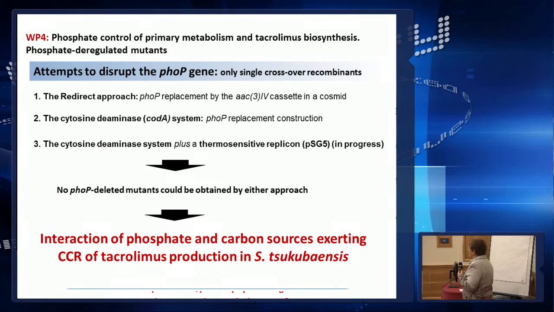So we decided to modify the strategy and redirect the objective to study the interaction of phosphate and carbon source exerting carbon catabolite regulation of tacrolimus production in S. tsukubaensis.